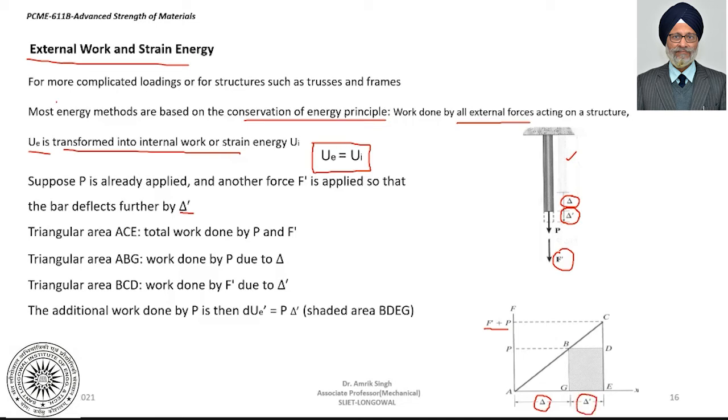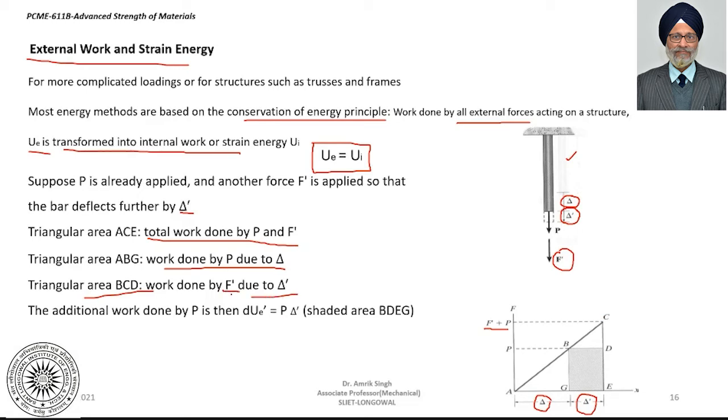Now you see the triangular area ACE. It is the total work done by P and F dash. Triangular area ABG is the work done by P due to delta. Triangular area BCD is the work done because of the F dash.